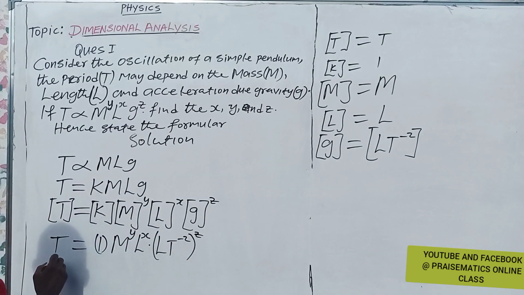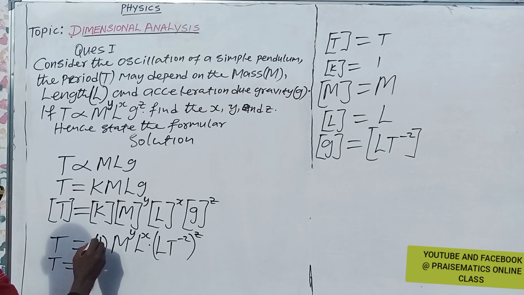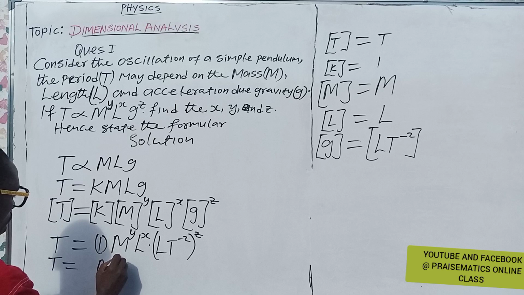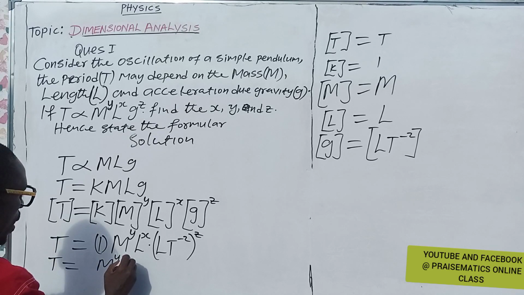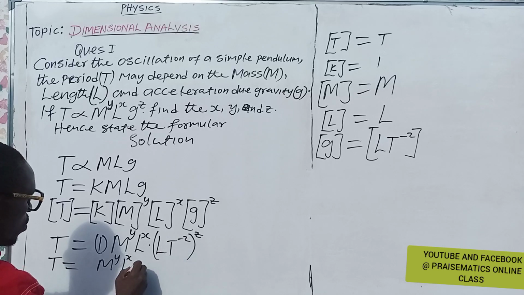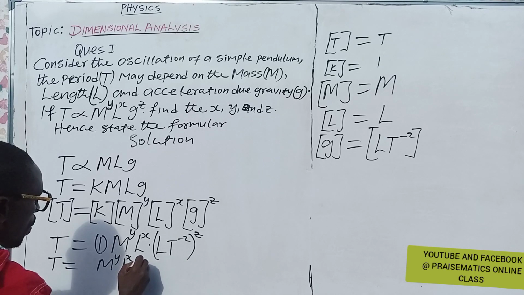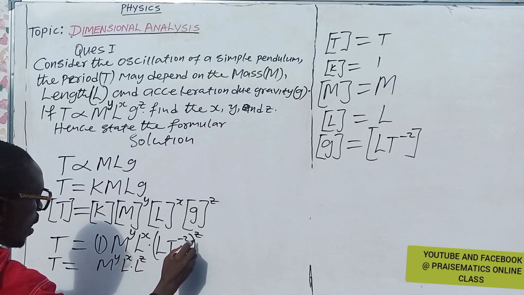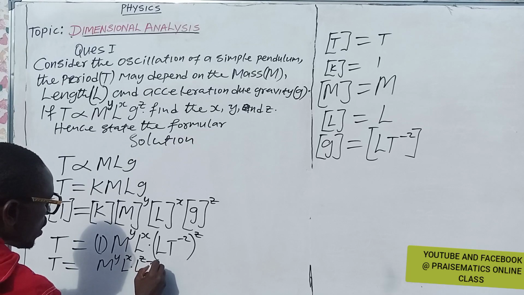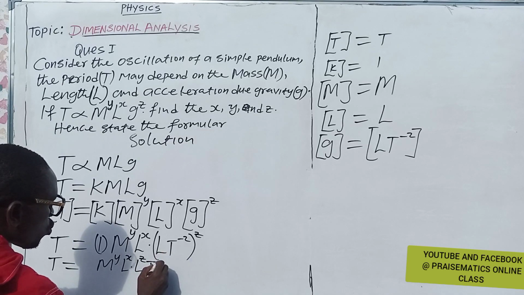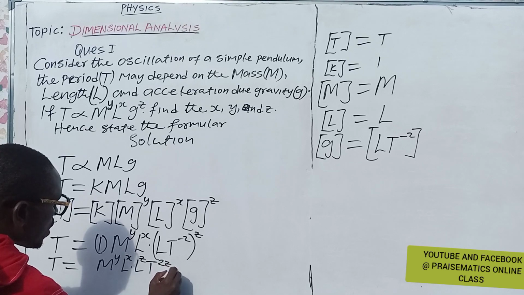We expand it. T is equal to 1 times this will give us M raised to power y, L raised to power x, L raised to power z, and T raised to power minus 2z.